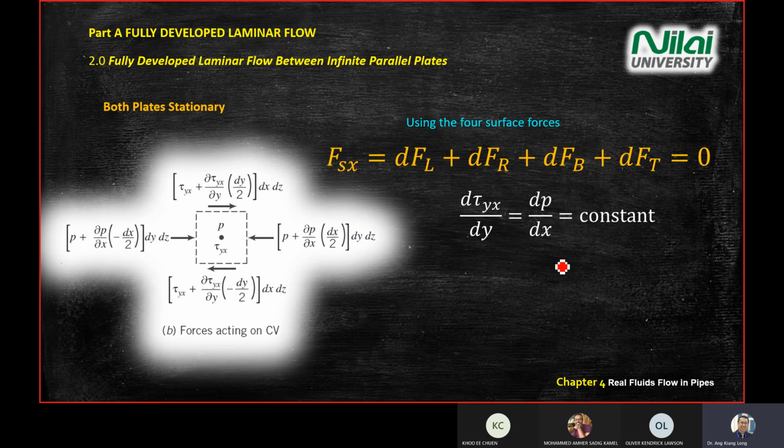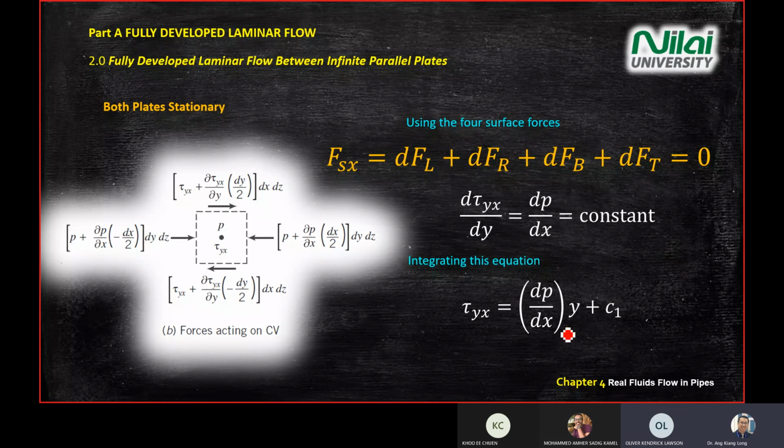You will get d tau_yx over dy equal to dp over dx, equal to a constant value. Does it make sense to you? Yes, right.